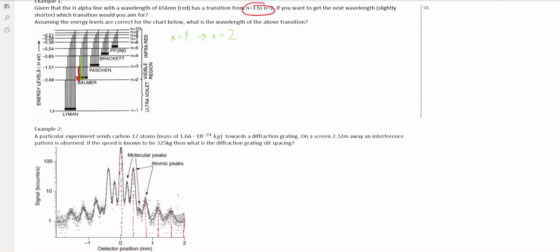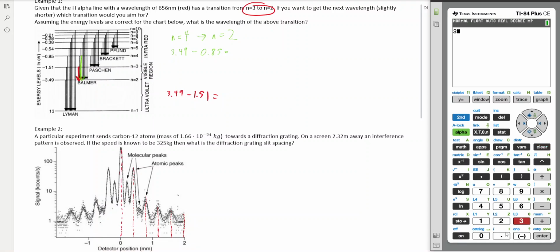So this transition here. Well, the red one, if you were to do that one, would be 3.49 minus 1.51. But the green one is going to be 3.49 minus 0.85. So you can see, hopefully, the energy that's being released in both cases.